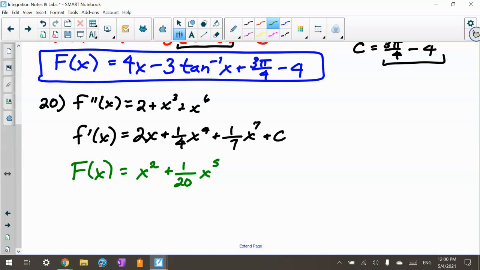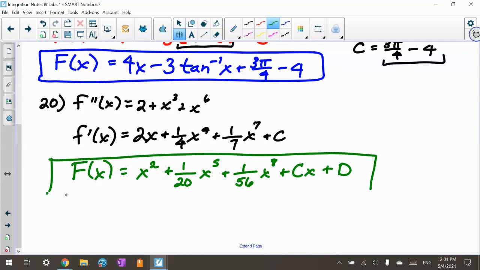Add 1, that's 8, so it's 1/8 times 1/7 plus 1/56 x to the 8th. And then this is my constant c, so this is going to be now cx, I don't know what it is, plus d. So that's how I kind of want you to handle it. If I don't give you any more information, that is my original function. And c and d could both be 0. I don't know that, but that's all we're given.